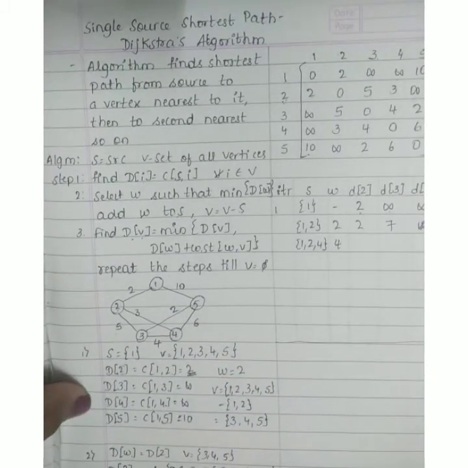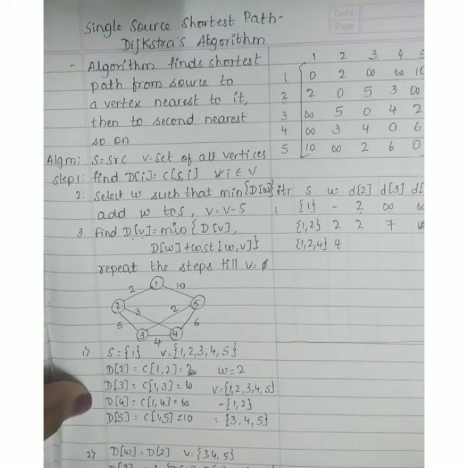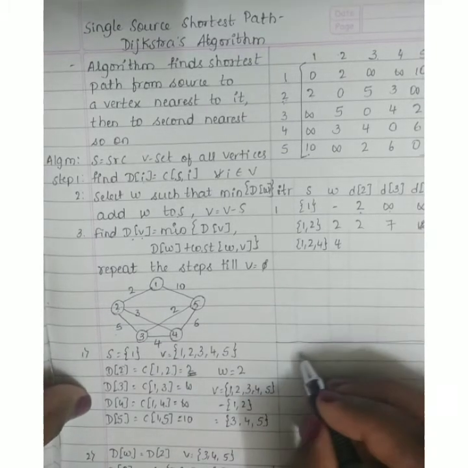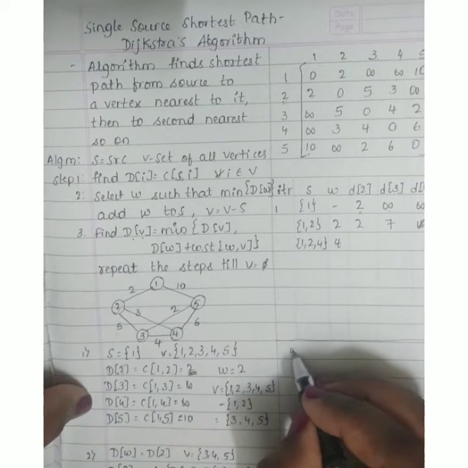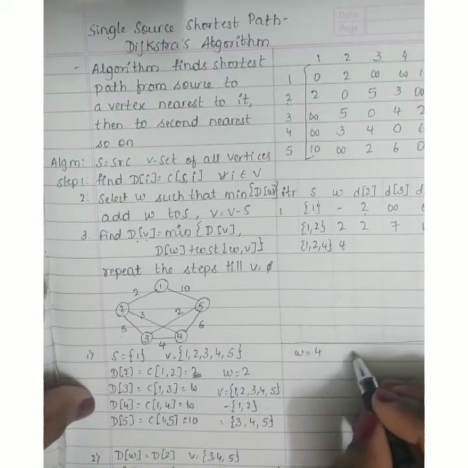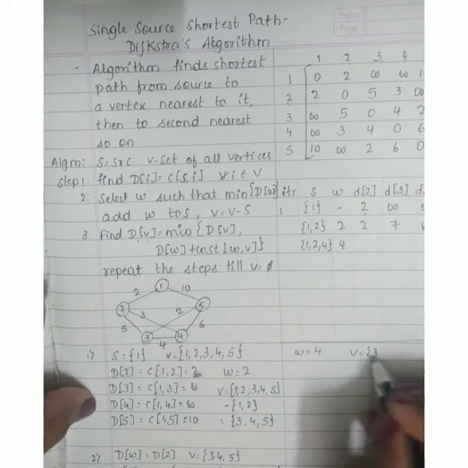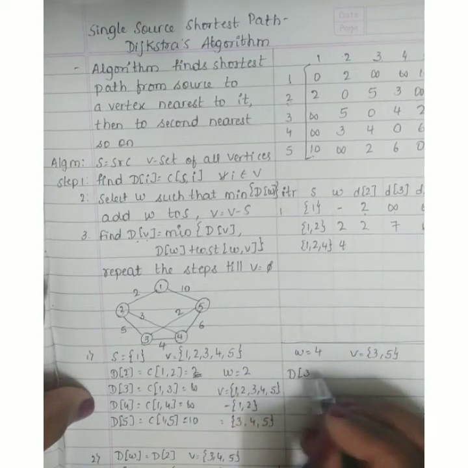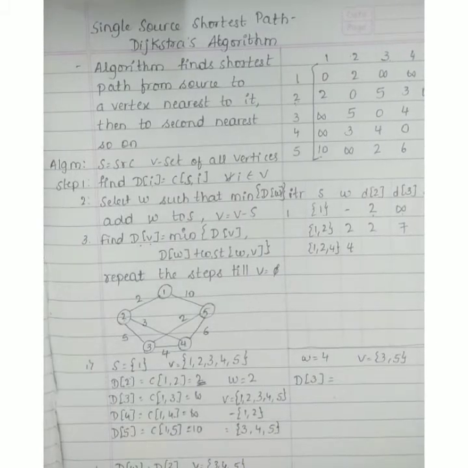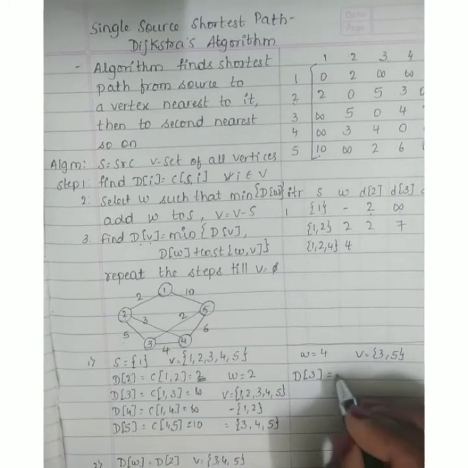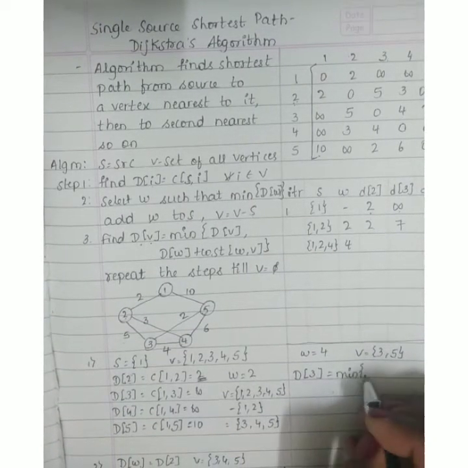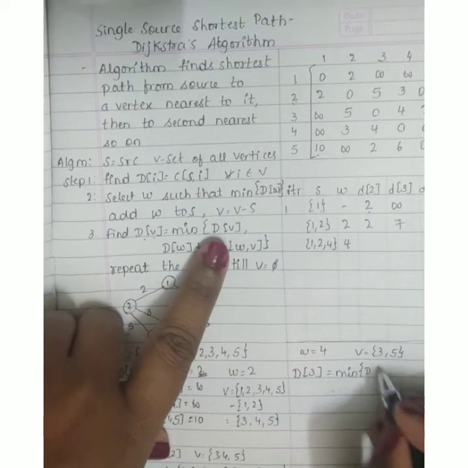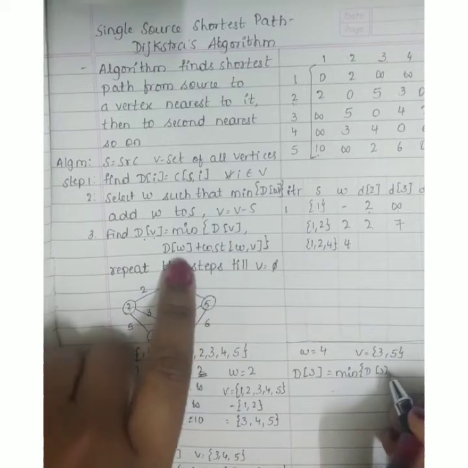So now using 4 as intermediate node, we need to find out the distance to 3 and 5. So here w is 4, v is 3 and 5. So this time we need to just calculate distance to 3 and 5. dv is minimum of d3 comma dw.